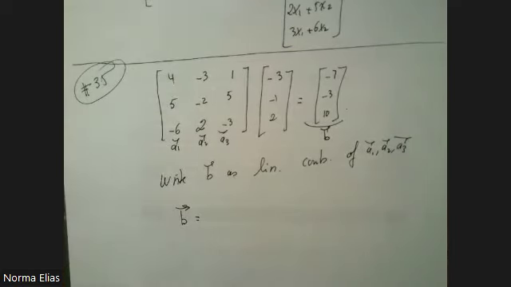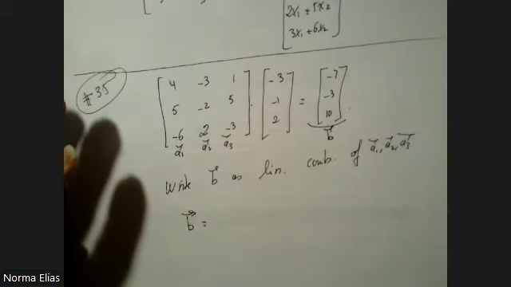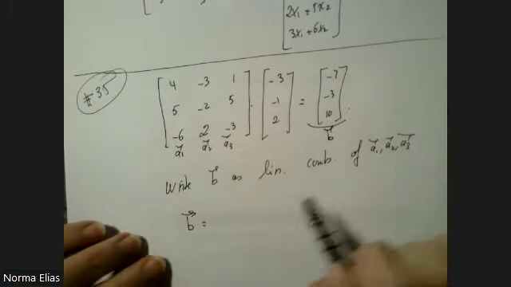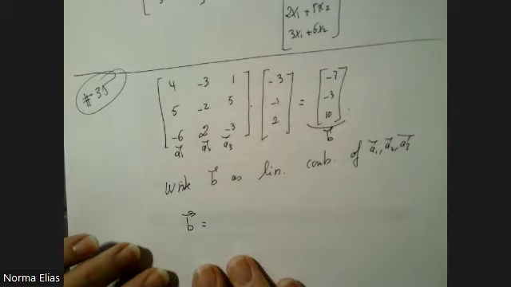Quickly, what is B? So that tells you take this matrix, you multiply it by that, and you get this vector B. We write B as a linear combination. What is B?